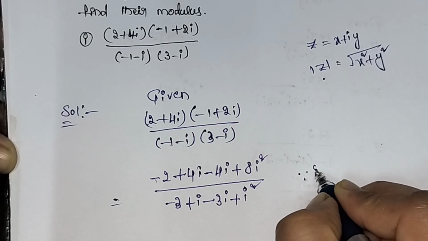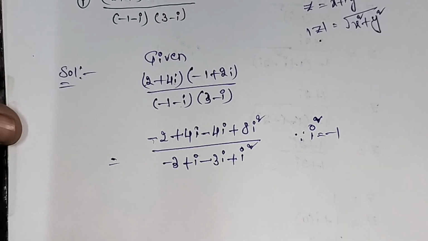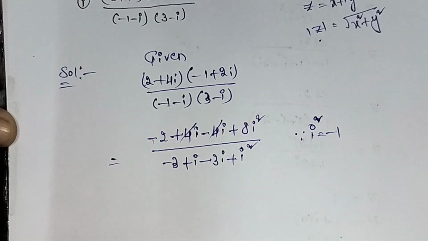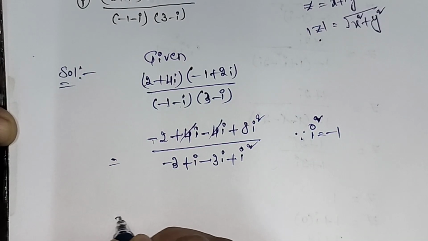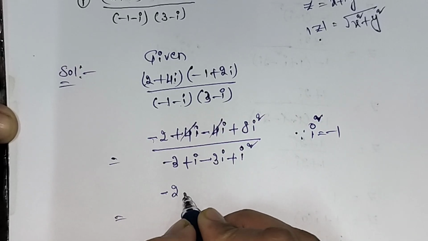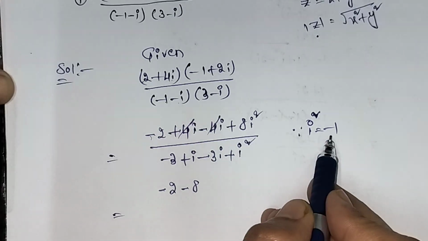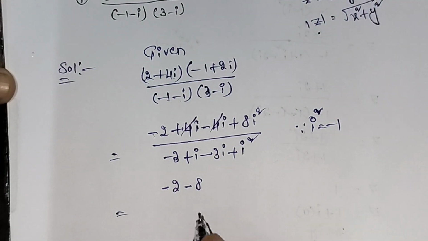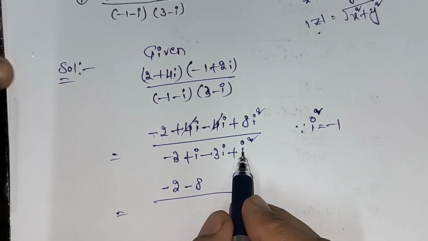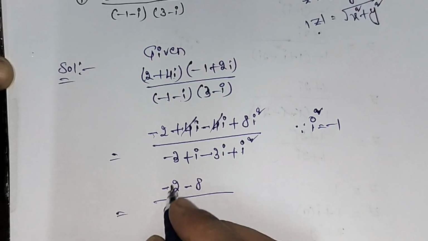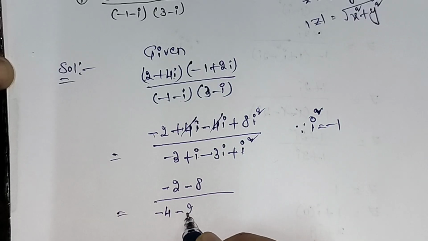Here, since i square is equal to minus 1, plus i and minus i get cancelled. That equals minus 2 minus 8, i square is equal to minus 1, by minus 3, i square is equal to minus 1, minus 3 minus 1 is minus 4, minus 3i minus 2i.